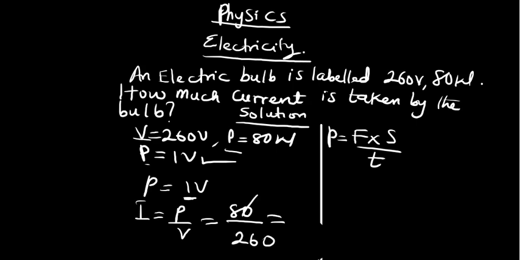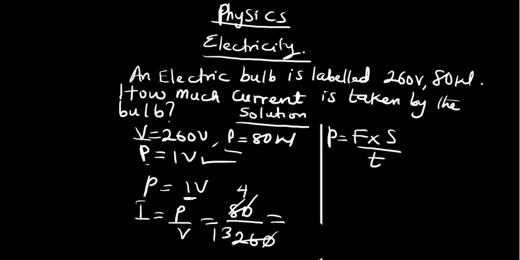0 cancels 0. Then how many 2 will you have here? We have 4. How many 2 will you have here? We have 13. So you use your calculator to do that. Using our calculator we get 4 over 13, which is 0.307.